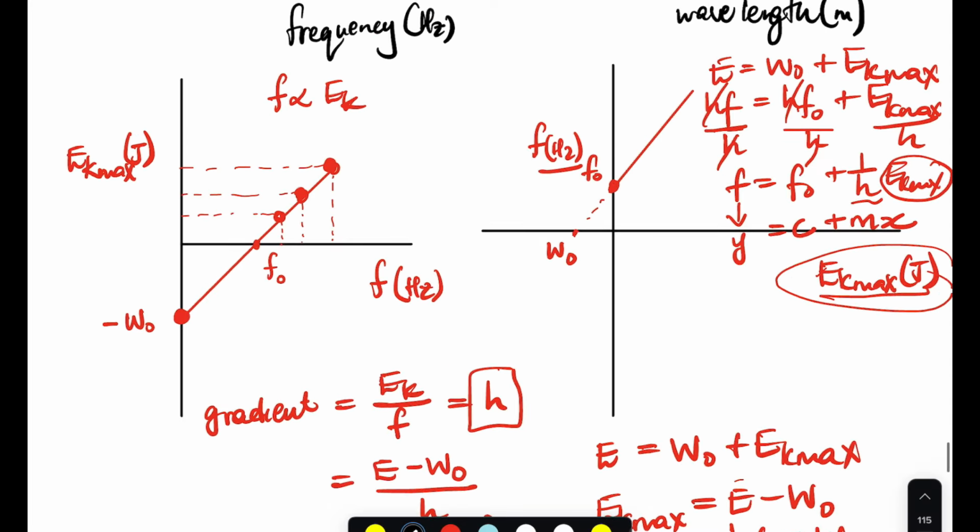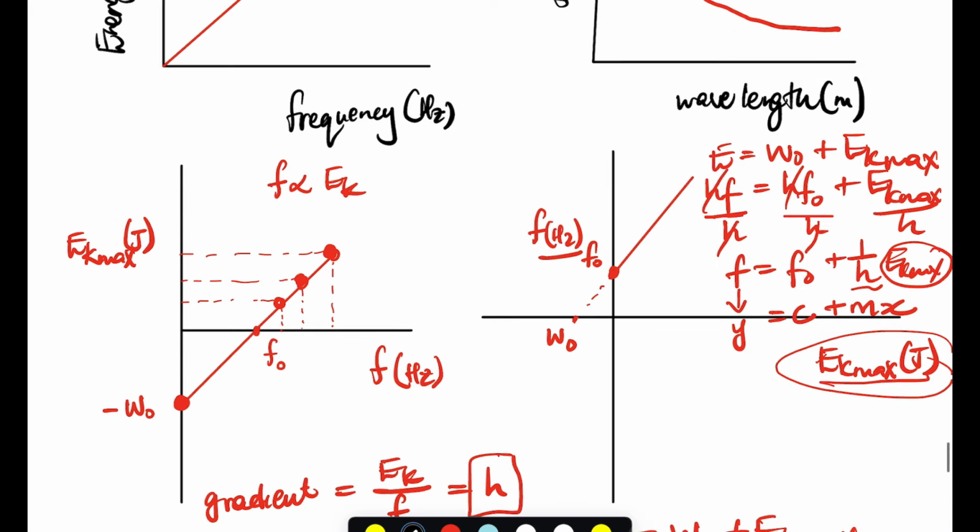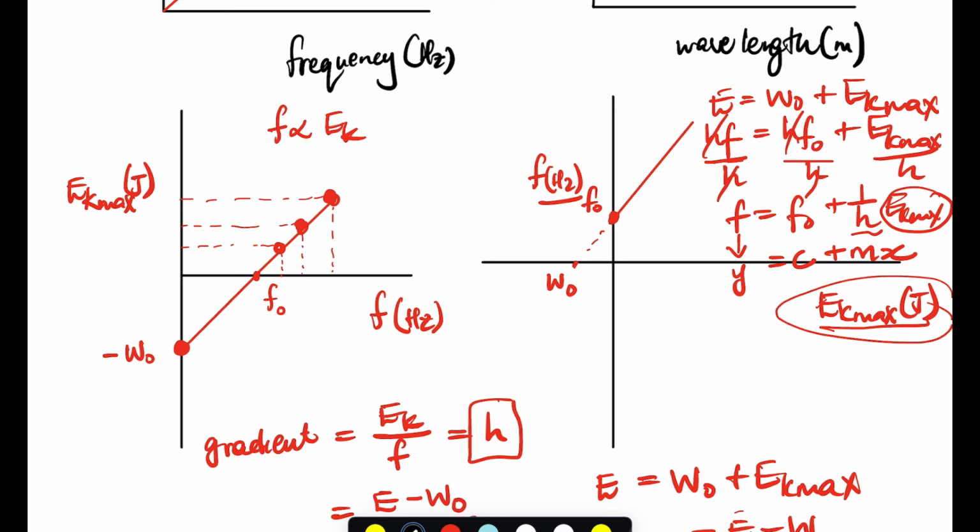Even here, guys, in this graph, we'll have a line here. Here the frequency of the light is lesser than the threshold frequency.